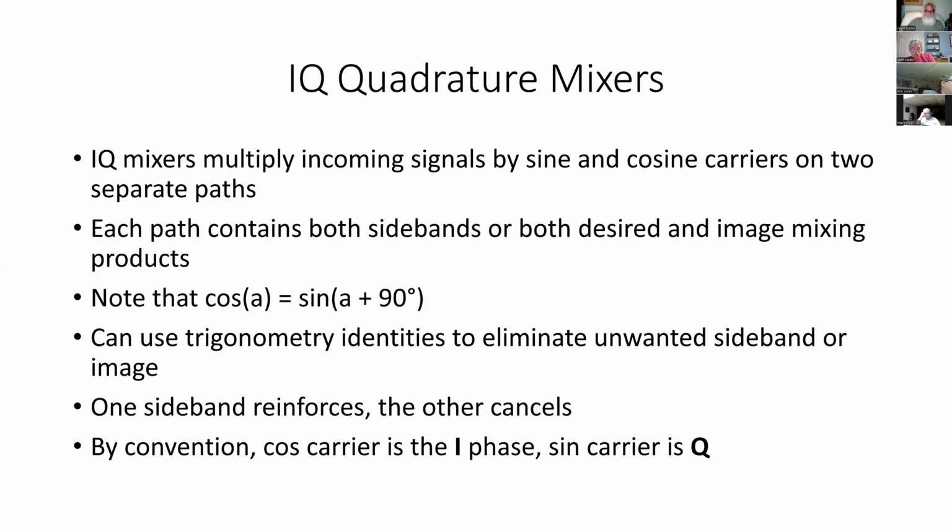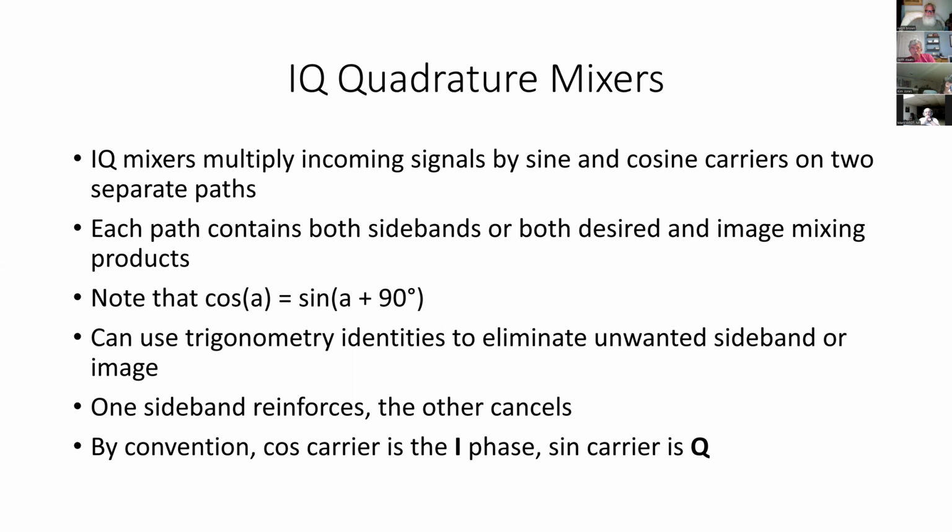So they're 90 degrees out of phase. Each path contains both sidebands and both the desired and image mixing products. But it also preserves all of the phase. They also, between them, the outputs preserve all of the phase information.